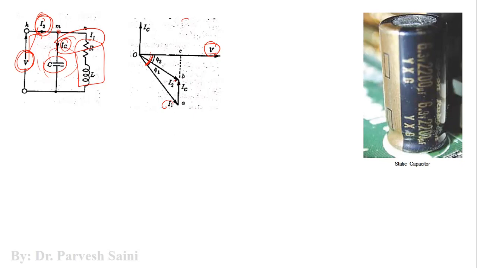The current I2, which is nothing but the resultant current, has shifted towards the voltage. Now in this case, this phi 2 is less than phi 1. If phi 2 is less than phi 1, then cos phi 2 is greater than cos phi 1. So that means by introducing a static capacitor in the circuit, the power factor has increased.